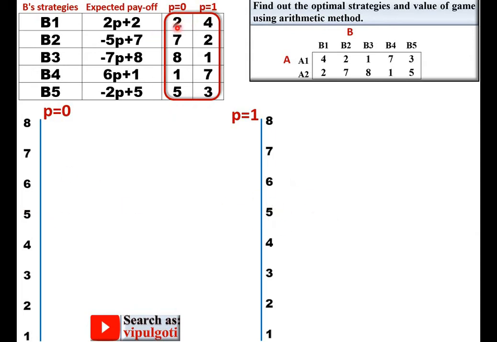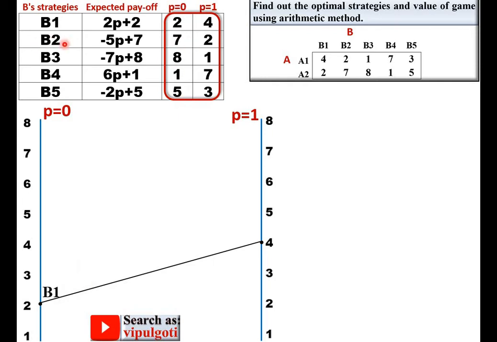Now locate this 2 on P is equal to 0, so it is here. Then 4 on the P is equal to 1 line, so it is here. Join these 2 points. That represents the first strategy of player B, that means B1. So I am going to write here, it is B1.